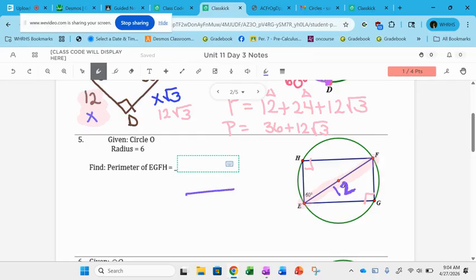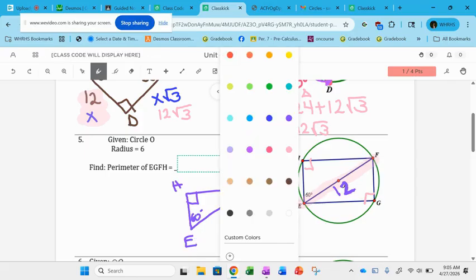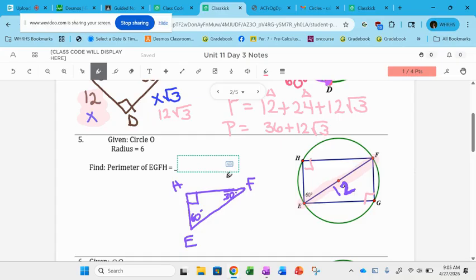So now I'm going to use this triangle, HFE, and I know across from the 90, across from the EF is 12. So across from the 30 is X, across from the 60 is X root 3, and across from the 90 is 2X.